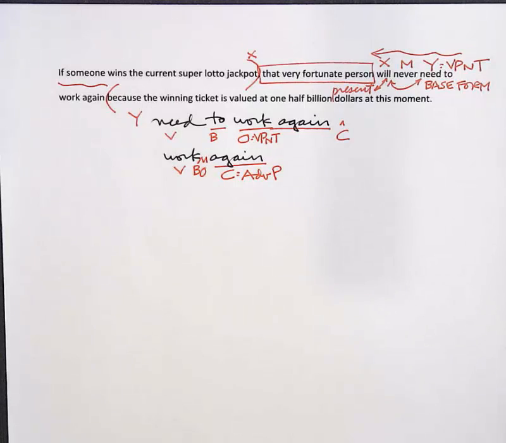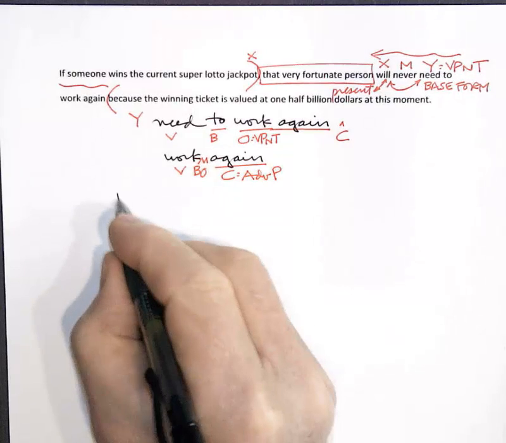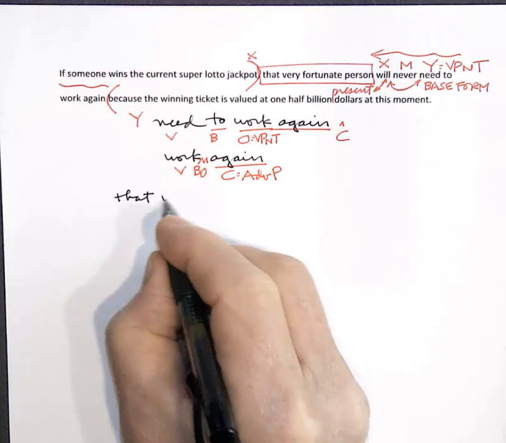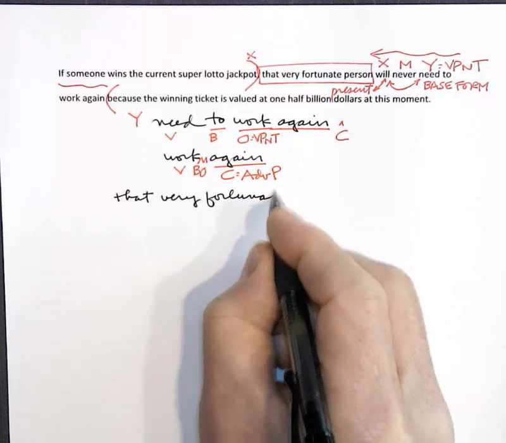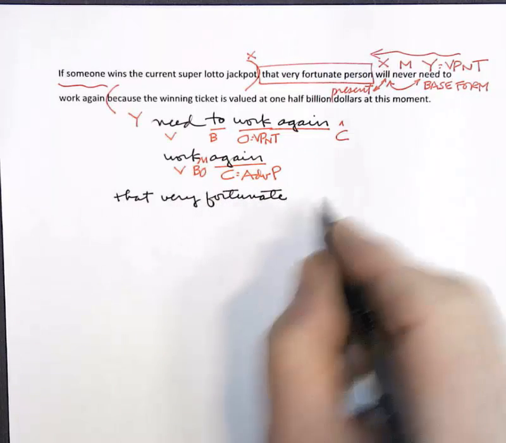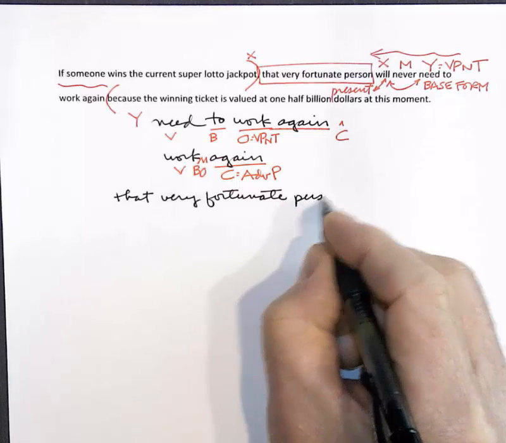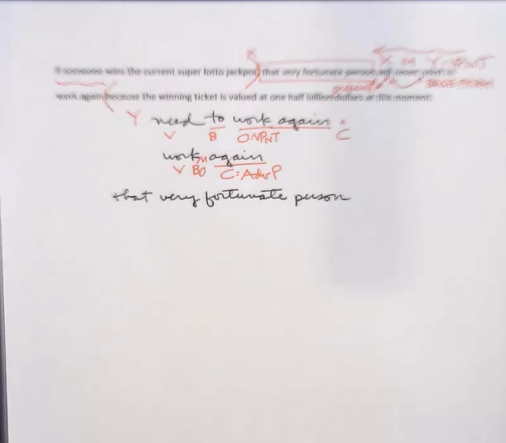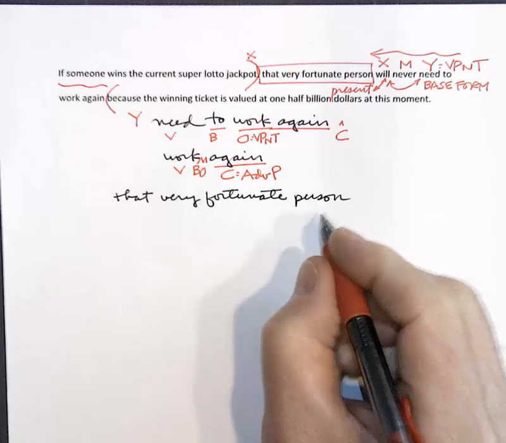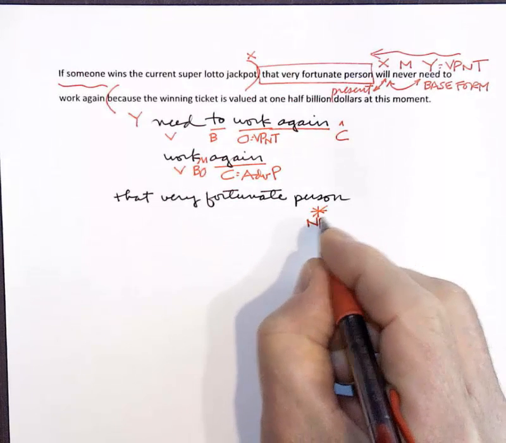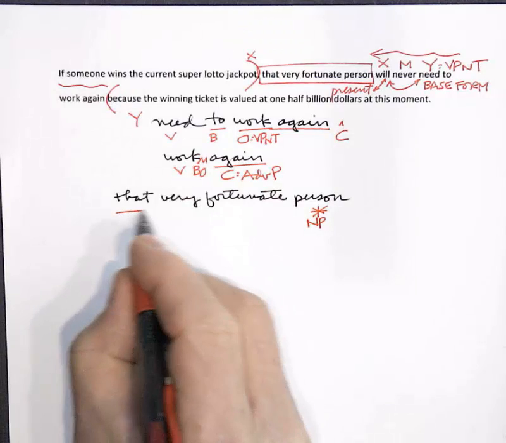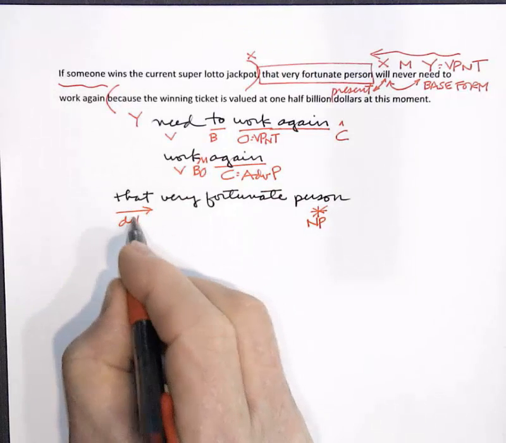And let's take a look at the subject here. That very fortunate person. That's a noun phrase. Person is the noun phrase head. That is a determiner.